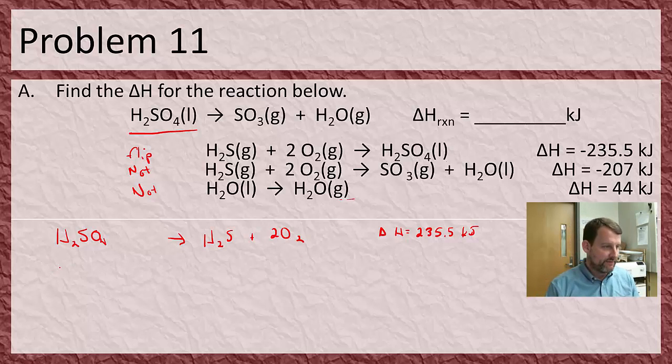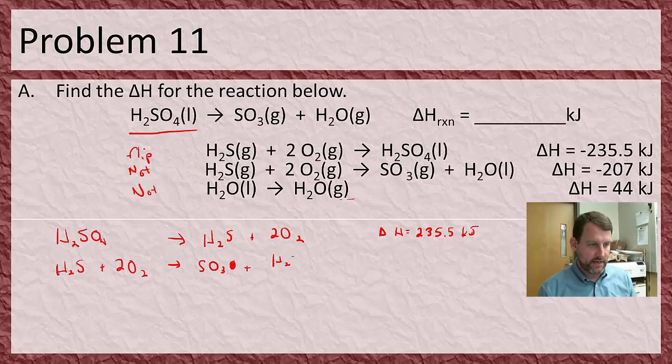And this one's not flipped, so this one's just going to be H2S plus 2O2 going to SO3 plus H2O. And now I'm going to put liquid, because otherwise I'm going to have a hard time telling the liquid to gas. I can't keep being lazy in this case. And my last one here is going to be H2O liquid goes to H2O gas.